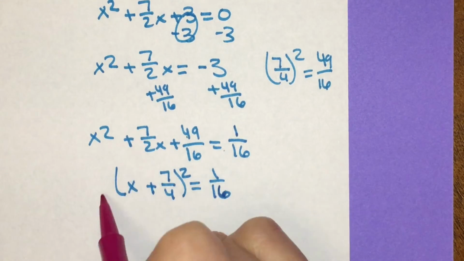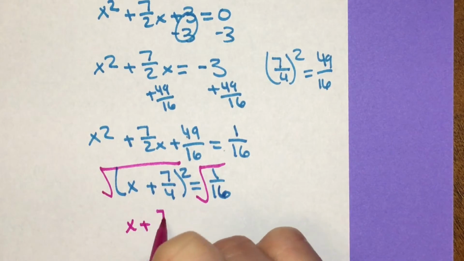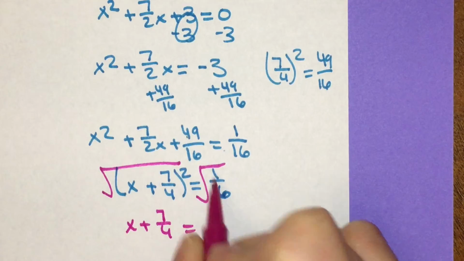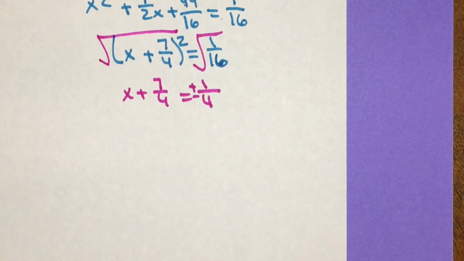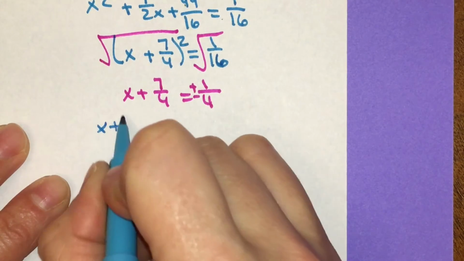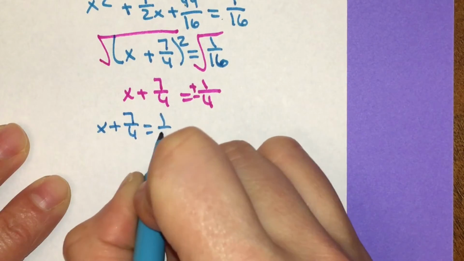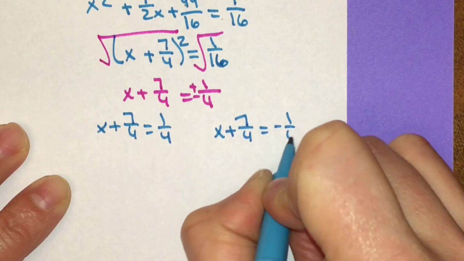I'm going to take the square root of both sides. We have x plus 7/4 equals plus or minus the square root of 1/16: square root of 1 is 1, square root of 16 is 4. We have to have that plus and minus in front. So I'm going to solve for both. We have x plus 7/4 equals positive 1/4, and x plus 7/4 equals negative 1/4.